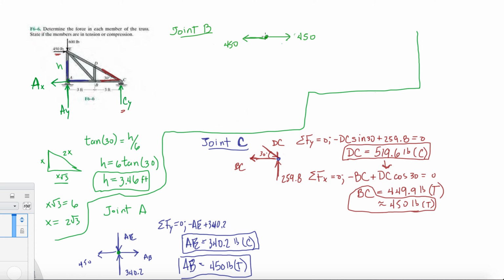We have this weird member that's BE. And then we have a member going straight up, which is BD. And you guys will appreciate this because we're going to save a lot of time.